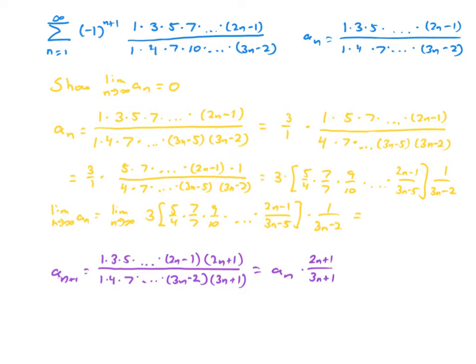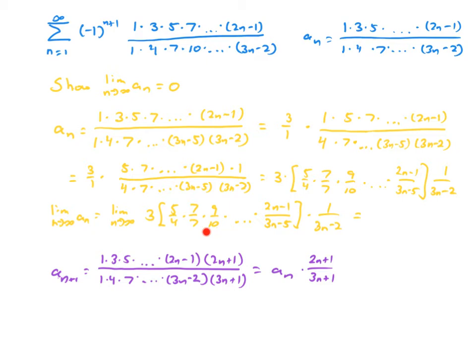Okay. And so, in this case, the limit as n approaches infinity of this is going to be the limit as n approaches infinity of this whole expression. The thing you have to recognize on this is that as n gets larger, we're going to be multiplying by fractions here, but the fractions are going to be approaching 2/3 as n gets larger and larger, because that would be the horizontal asymptote there.